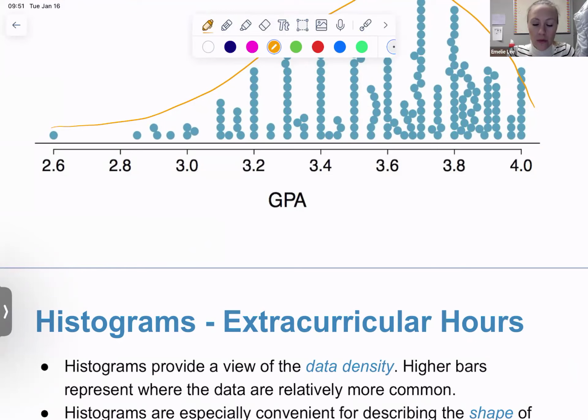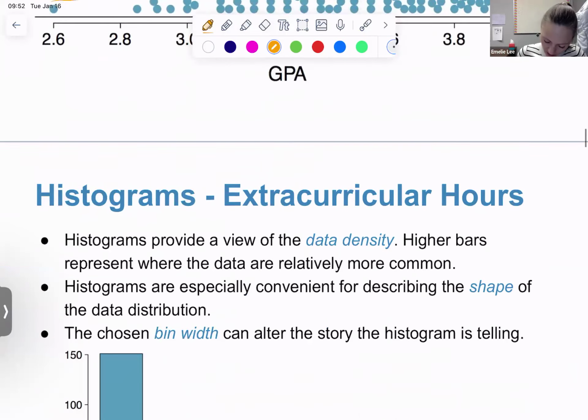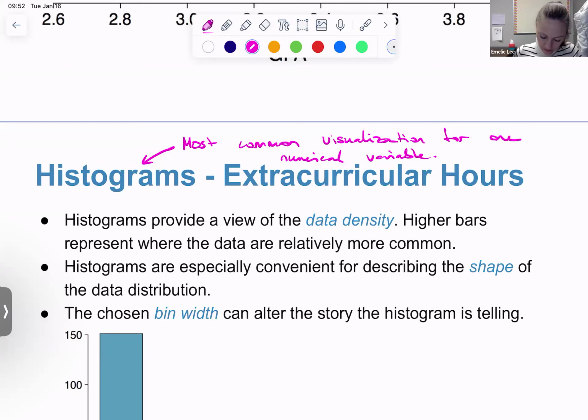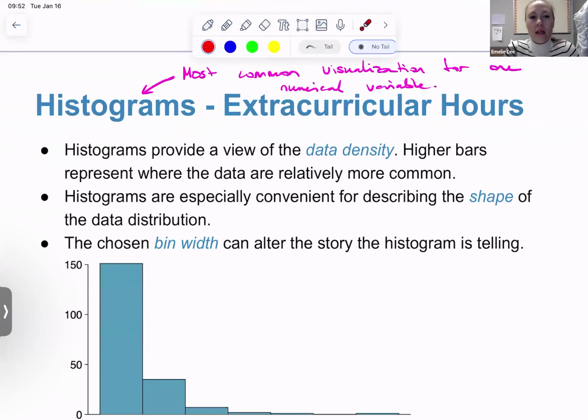Okay, so histograms. Histograms are the most common visualization for one numerical variable. And histograms are just a little bit cleaner than those stacked dot plots, right?